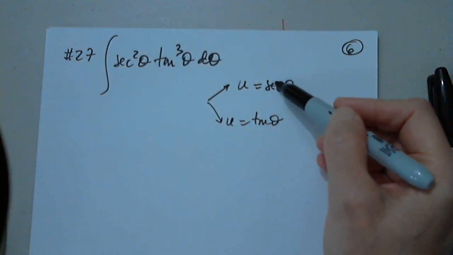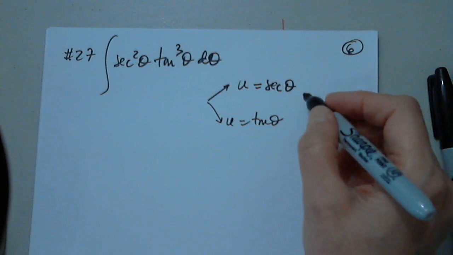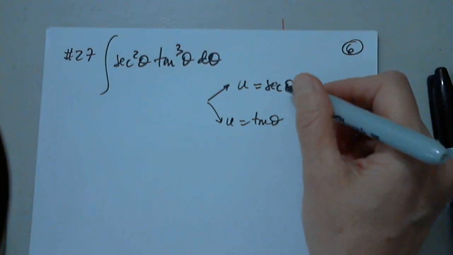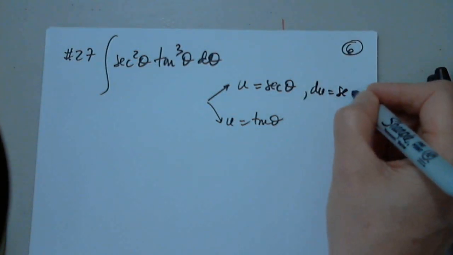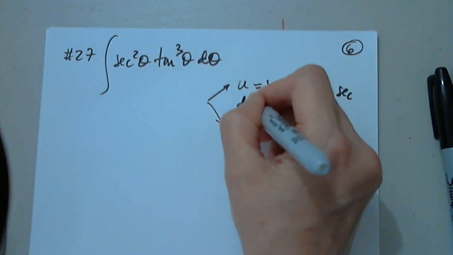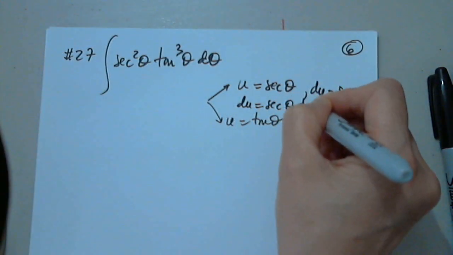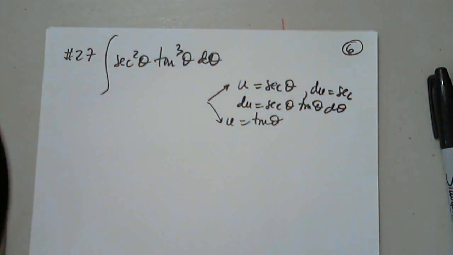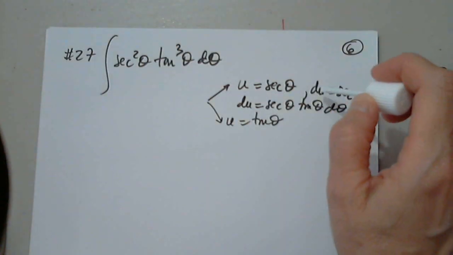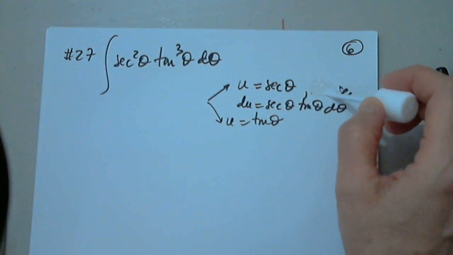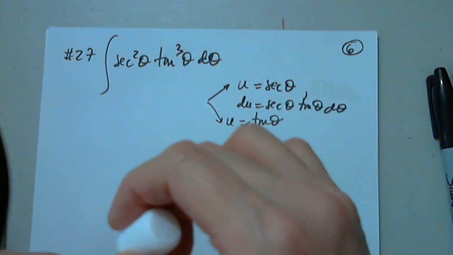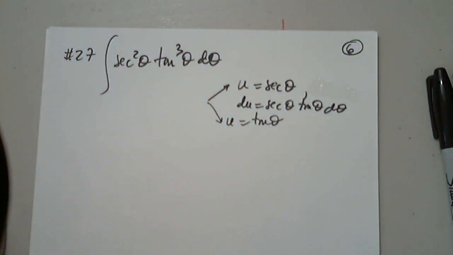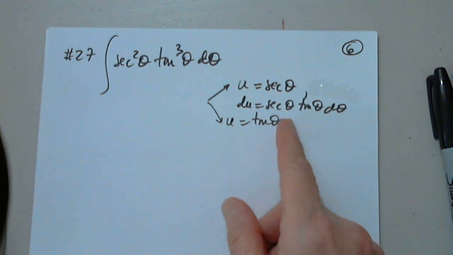If I use this notation or substitution, du, which is secant tangent d theta, is possible. But let's see.